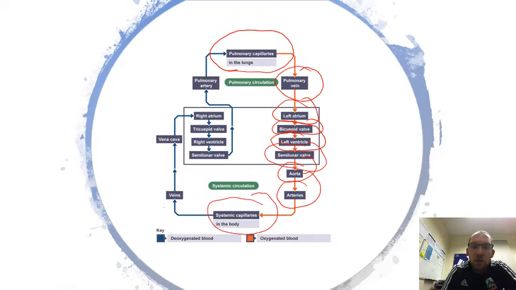Then deoxygenated blood goes through veins, through the vena cava, into the right atrium, through the tricuspid valve, into the right ventricle, through the semilunar valves, to the pulmonary artery, and back into the lungs.